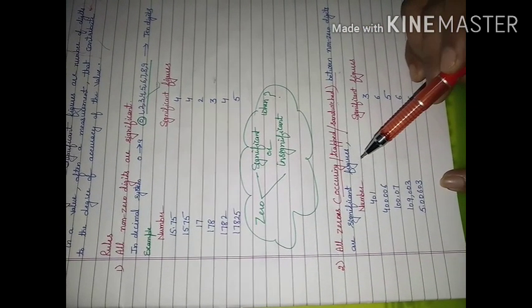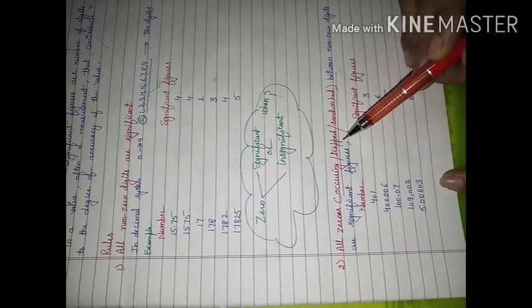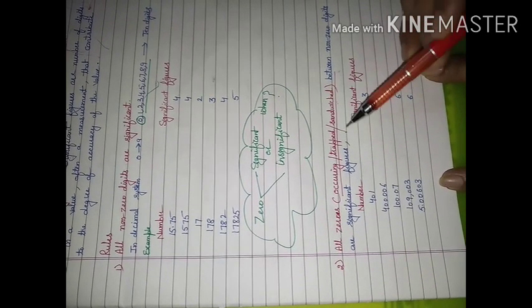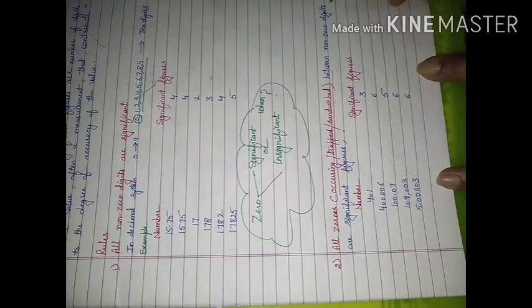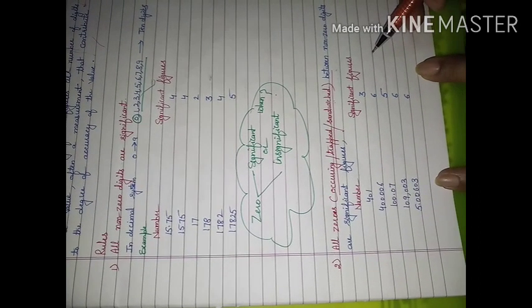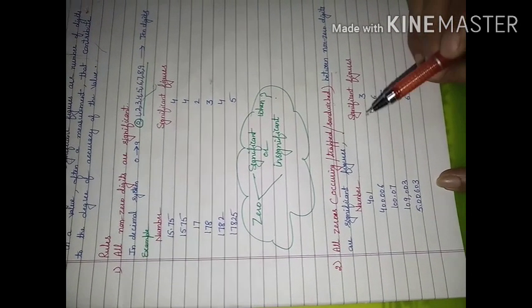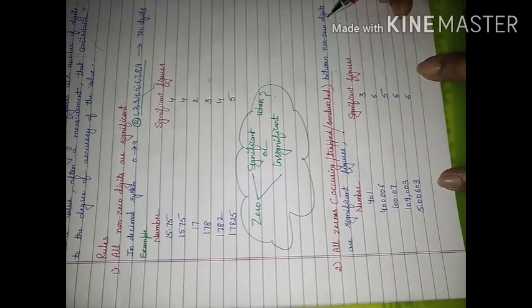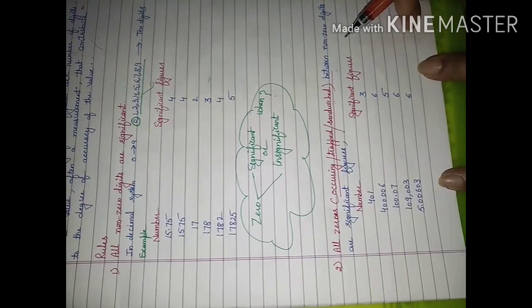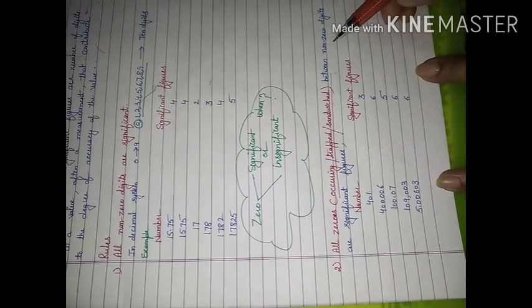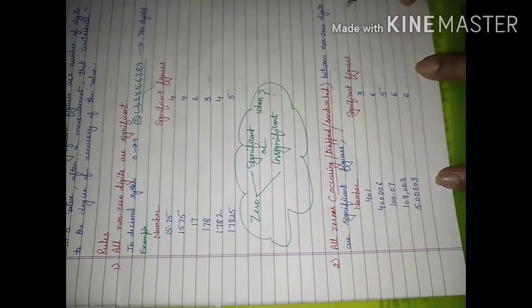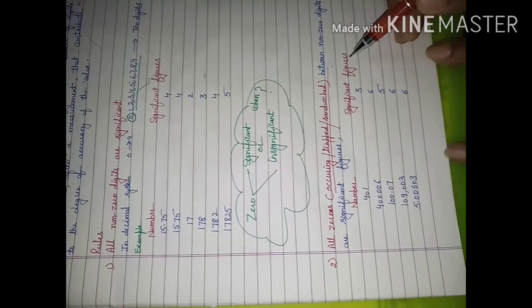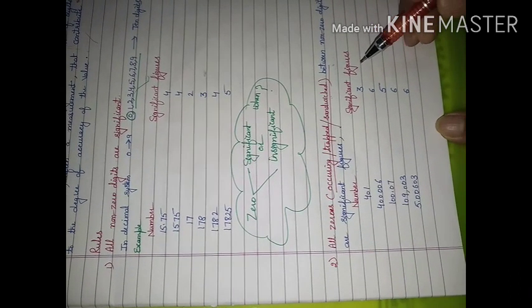If I use the words trapped, sandwiched, or occurring between non-zero digits, the meaning will come out to be the same. It means zeros which are in between non-zero digits, between 3 and 1, 6 and 9, between any two non-zero digits, whether decimal is there or not, will always be significant.